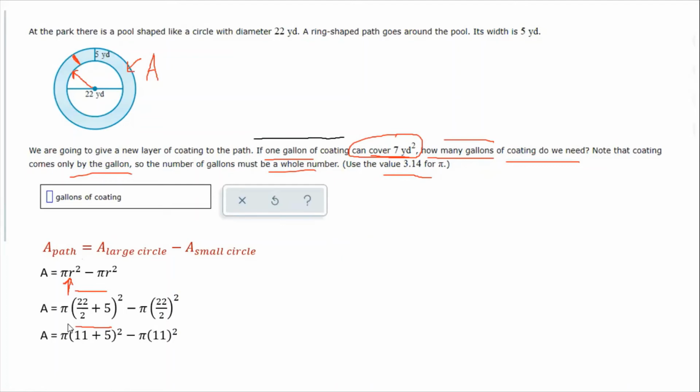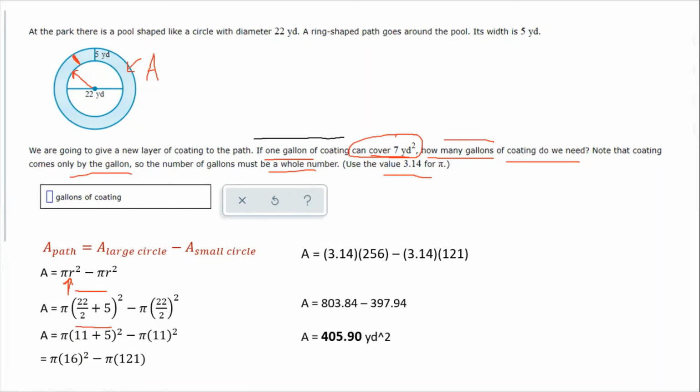It's just adding, multiplying, and dividing: 22 by 2 plus 5, and then we have to square it, right? And we get 16 squared, and then 11 squared is 121, and then we substitute 3.14 instead of pi, and we do the multiplications and the subtraction, and this is the number that we have for the area.